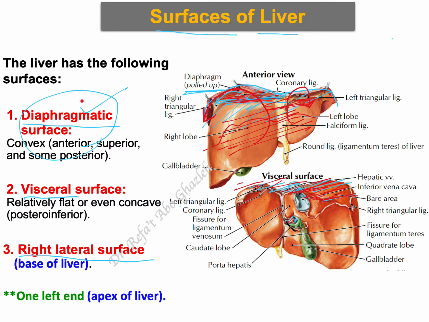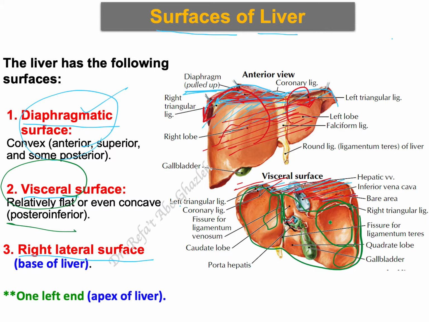Now, what about the visceral surface of the liver? It's the posterior inferior surface. If you look here, this is the posterior inferior surface of the liver, which looks like it has impressions and fossae, something like grooves and fissures as well.